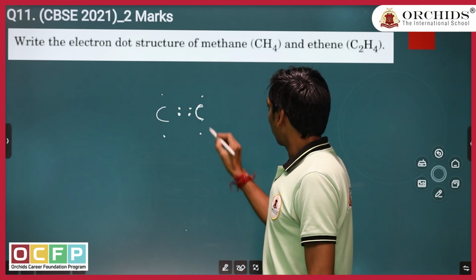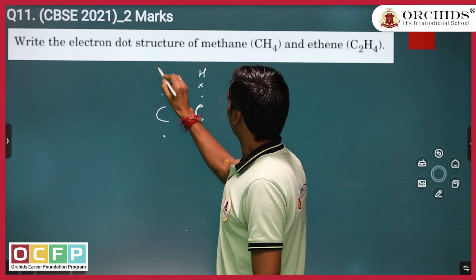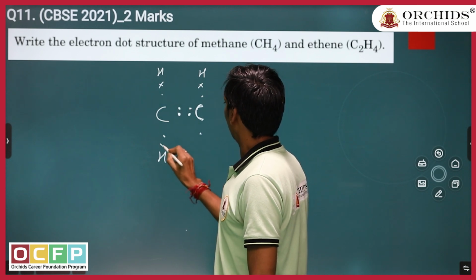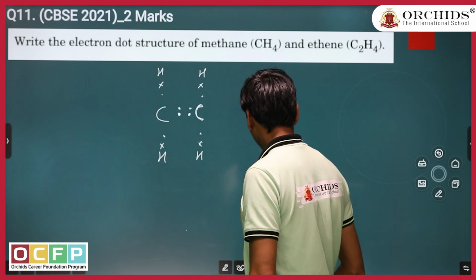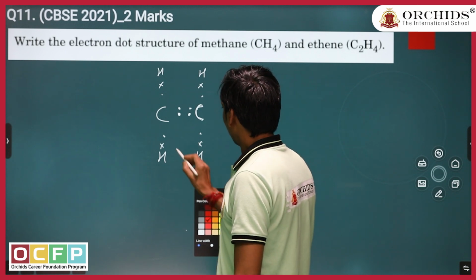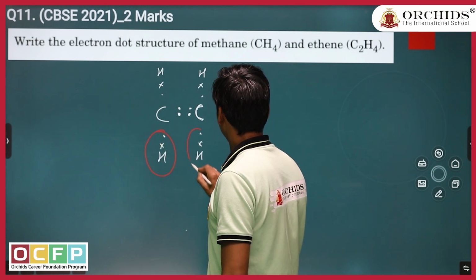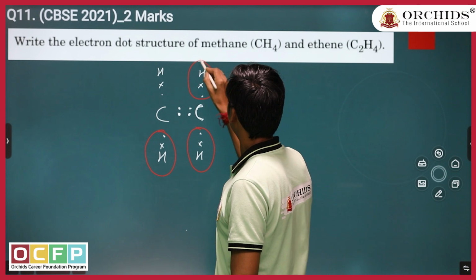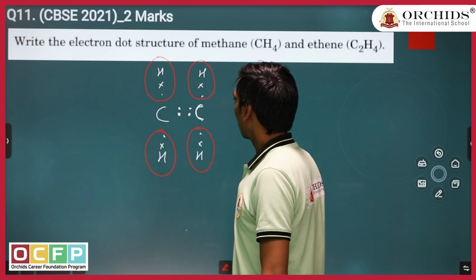Now what is happening? Hydrogen, hydrogen, hydrogen and hydrogen. Here hydrogen will share these electrons and form a single bond, because they are sharing one shared pair of electrons, which leads to a single bond.